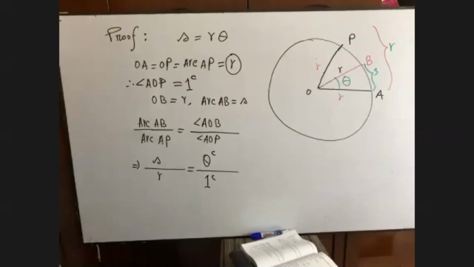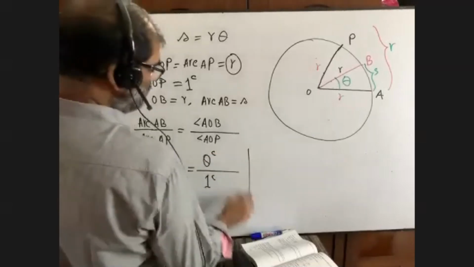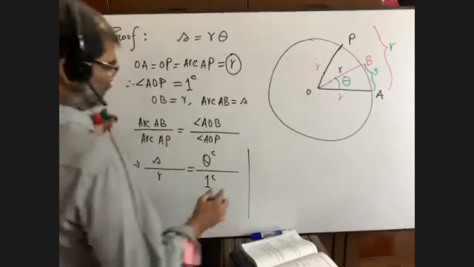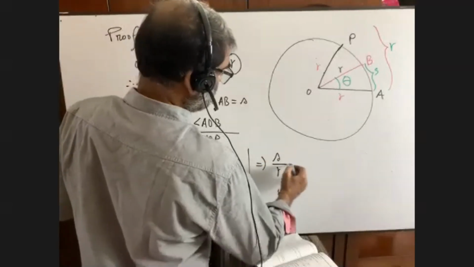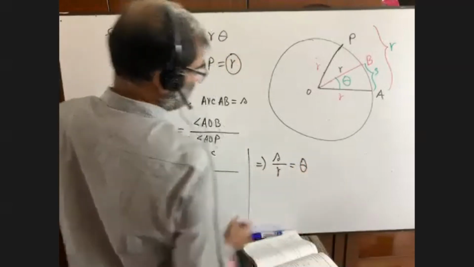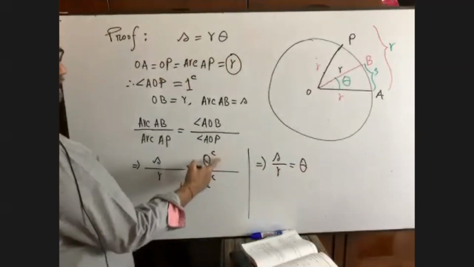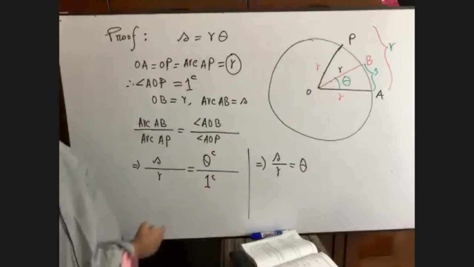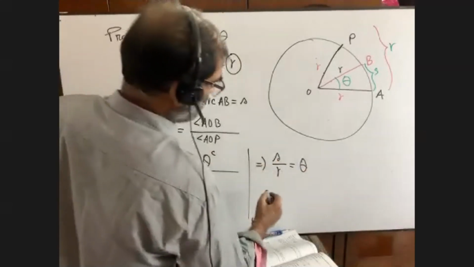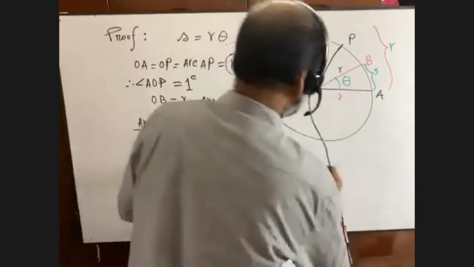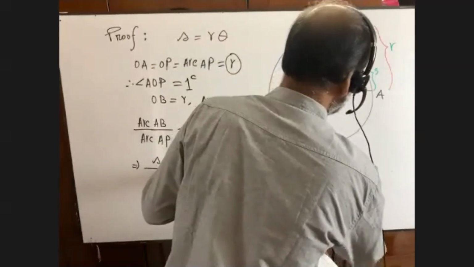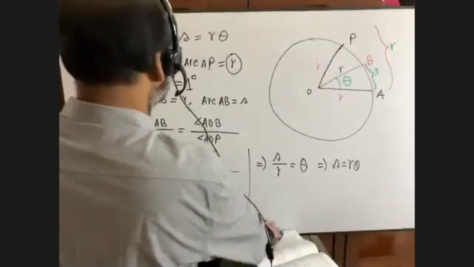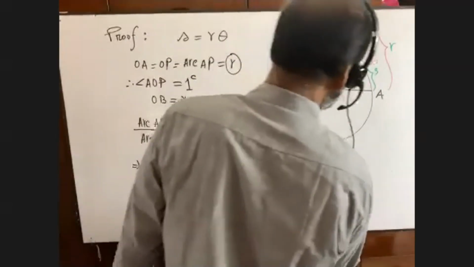So this radian will be omitted. We'll be left with S by R is equal to theta. Radian omitted, so there is no value of 1 here. Now from here, can you write down? It is S equals R theta. This proof will be given in the exam.